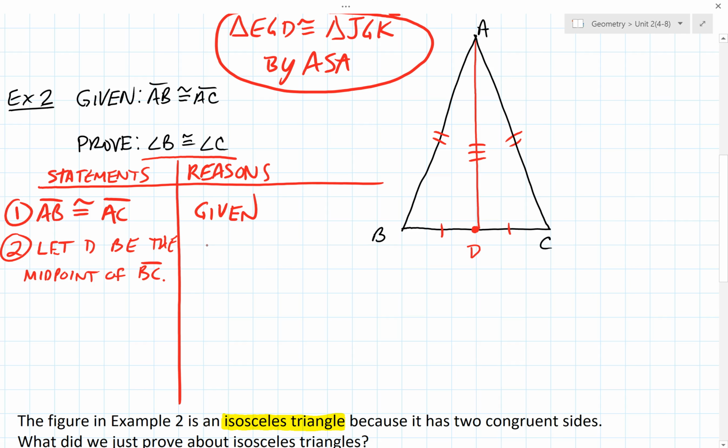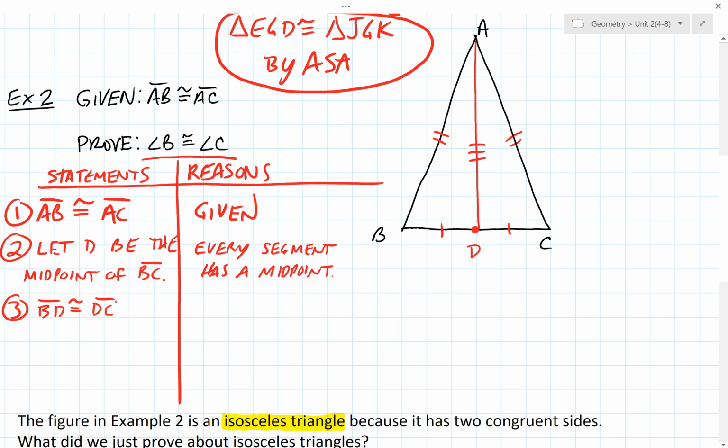Okay, and the reason for that, there's not really a theorem or anything that we can cite there. We can just say every segment has a midpoint. Okay, so every segment has a midpoint. We just labeled it. Okay, and then from that fact, we were able to say that BD was congruent to DC.